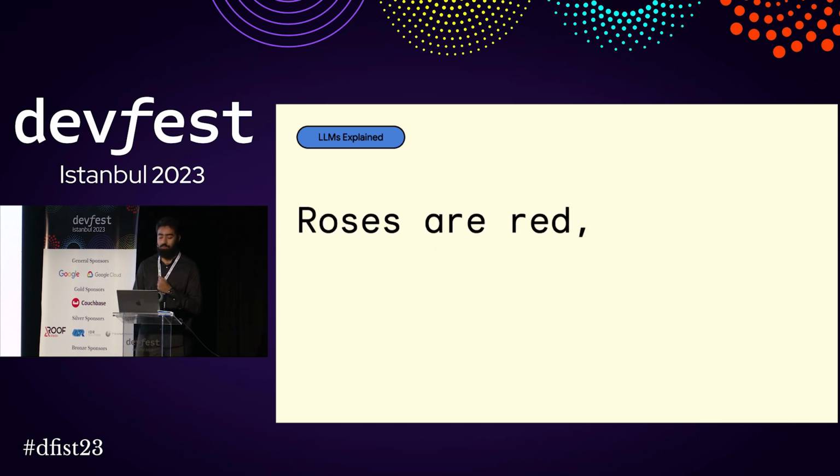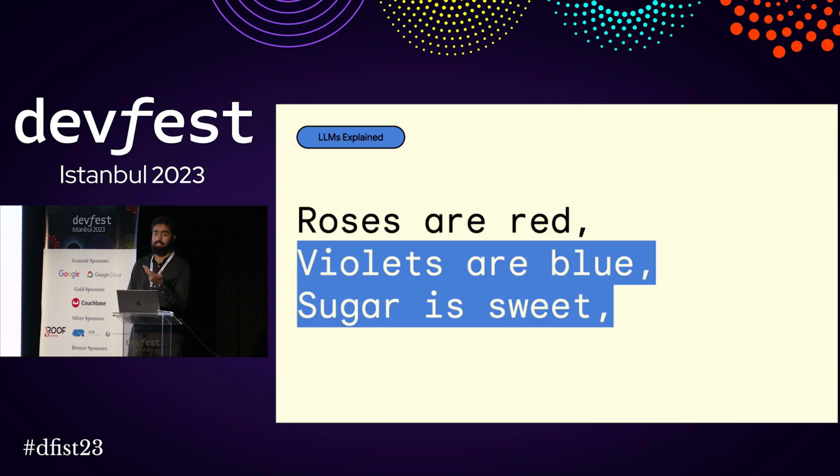So at a very basic level, large language models are very sophisticated autocomplete. You give them an input, and they come up with the highest probable text that should follow. So for example, in this case, you enter roses are red, and this is the most likely output that the model has seen in the data set that it is trained on.